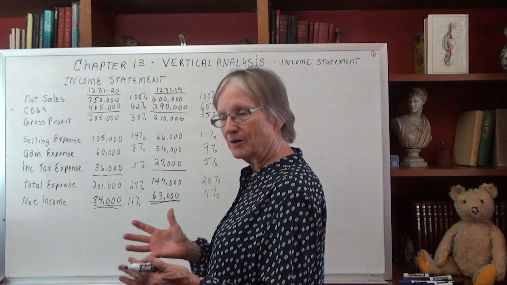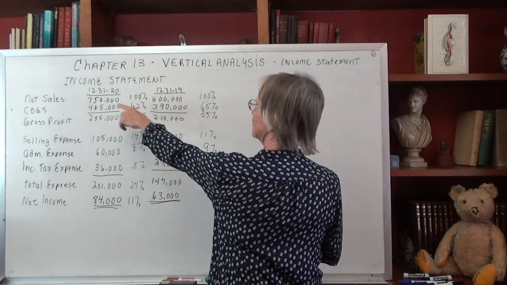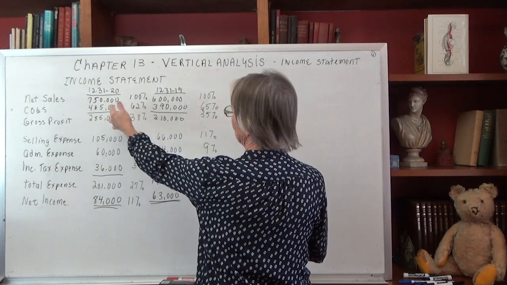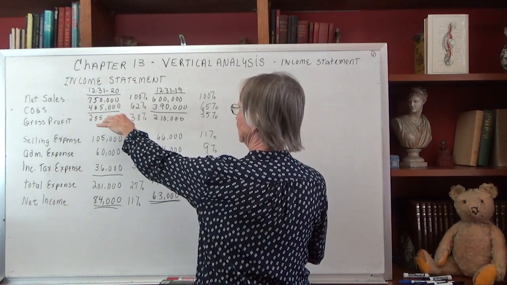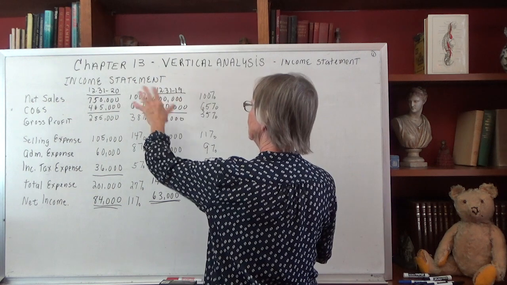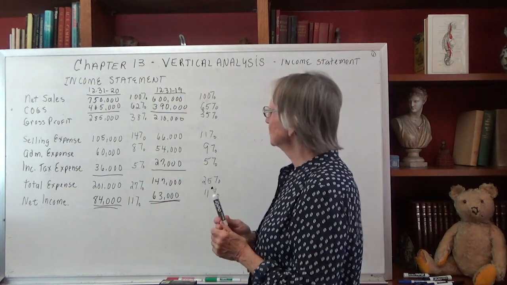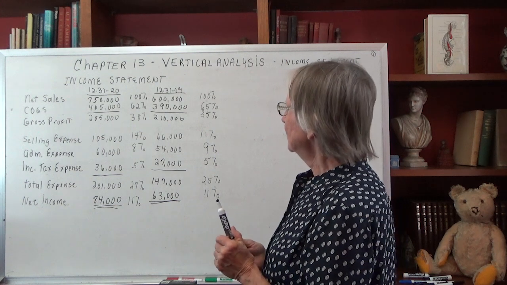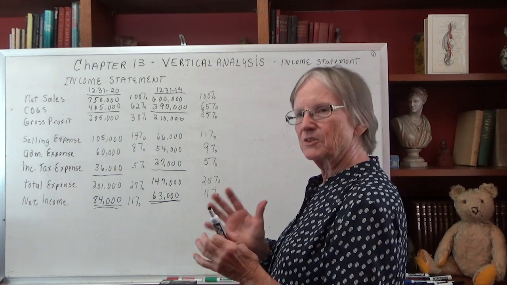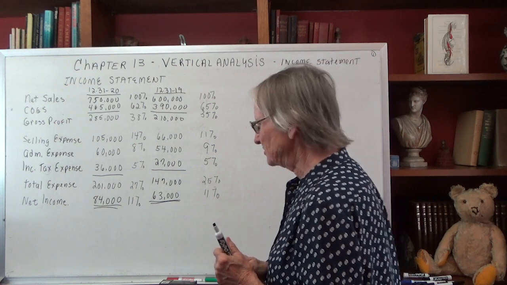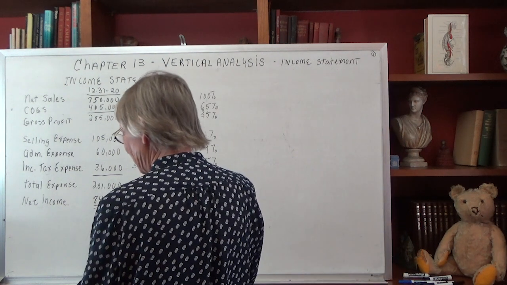Okay, so now we get down to taking a look at it. Just looking at the raw numbers, your net sales increased from 600 to 750. That's pretty cool. Your cost of goods sold, as you would expect, might have gone up as well. But now, doing the vertical analysis, we're able to see how things increased in relation to each other.